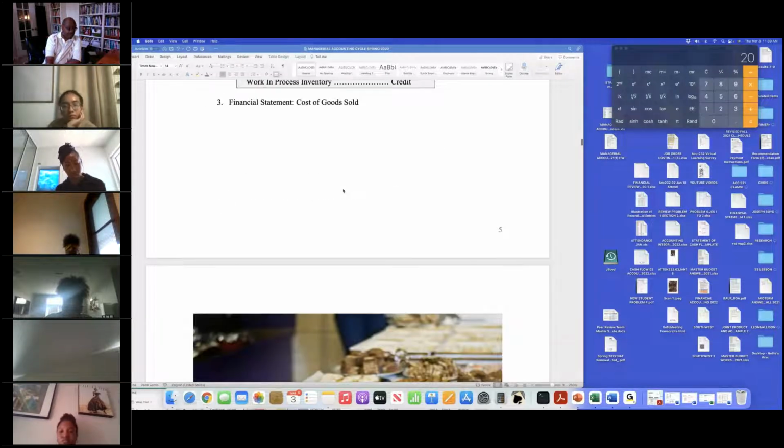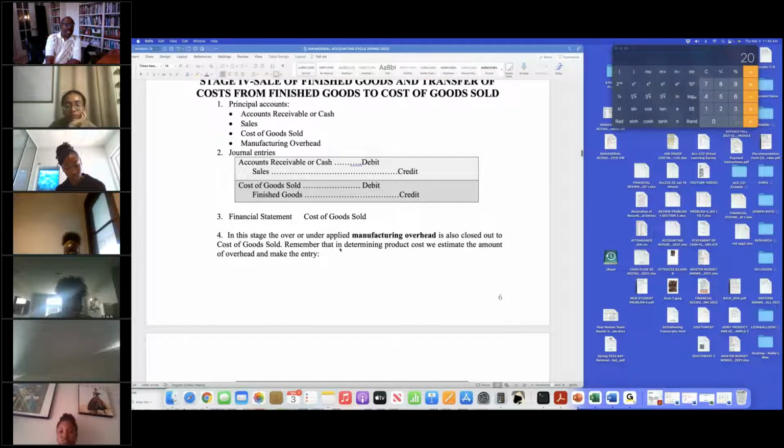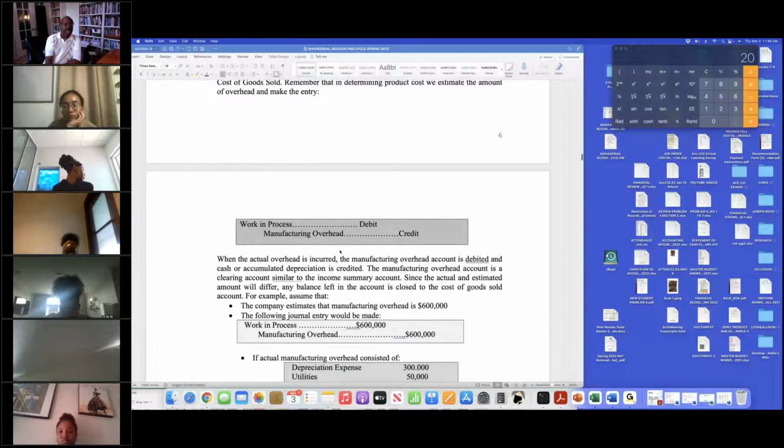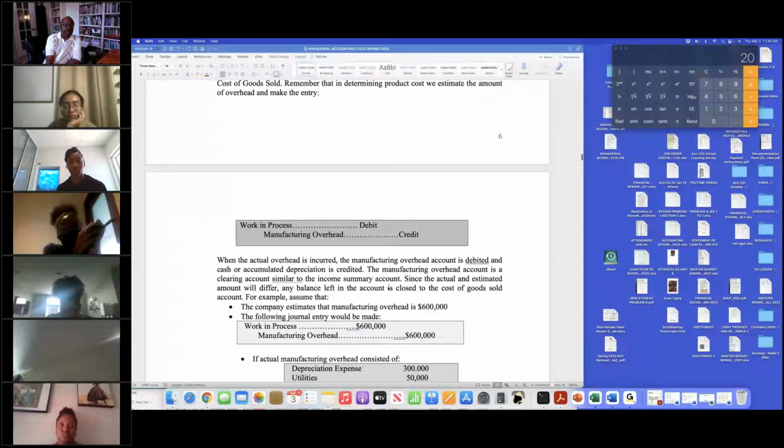Then we got stage 4 journal entries. And one of the special entries we have to make, we estimate what the overhead is. When all the costs come in, we make this entry to estimate it. Then when the actual costs come in, we're going to debit work in process and credit manufacturing overhead for the actual cost.